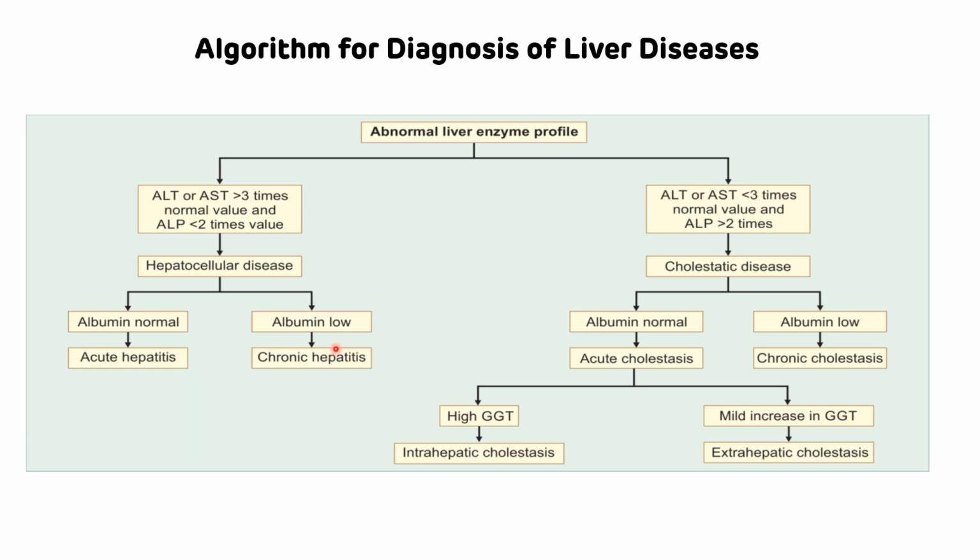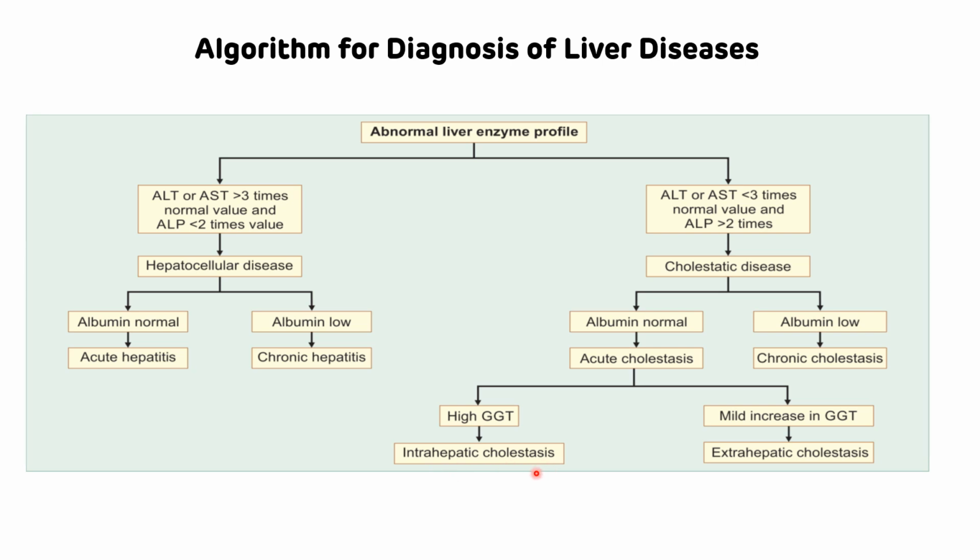If the ALT or AST is less than 3 times the normal value and the ALP level is greater than 2 times the normal value, then it is suggestive of cholestatic liver disease, that is obstructive liver disease. And if the albumin level is normal, then it is suggestive of acute cholestasis. And in that, if the gamma glutamyl transferase level is high, then it is suggestive of intrahepatic cholestasis or intrahepatic obstruction.